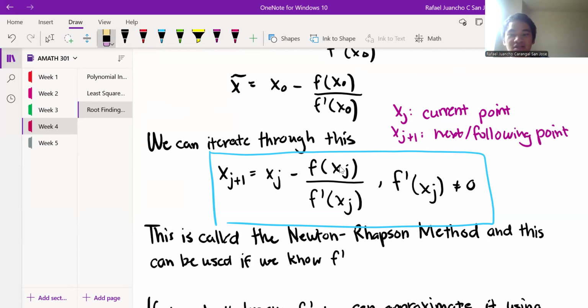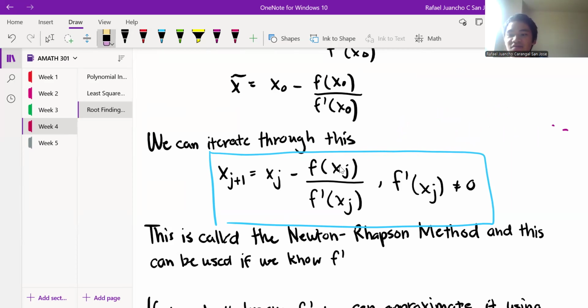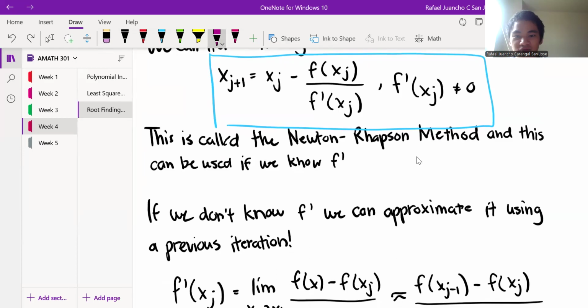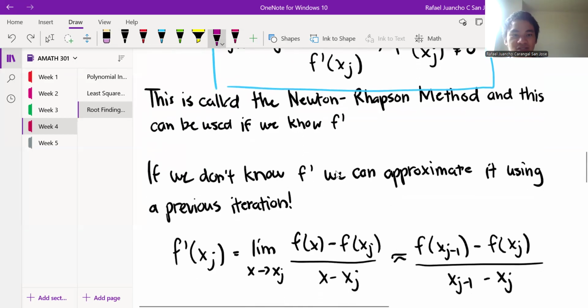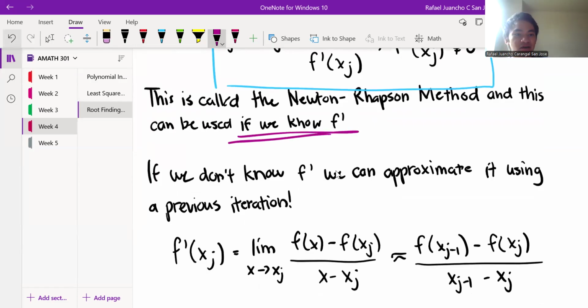That's our way of iterating. And we do that again and again, provided that our derivative, f prime, shouldn't be 0, or else it would be undefined. As simple as that, and that's what we know as the Newton-Raphson method. We can use this if we know what f prime is.